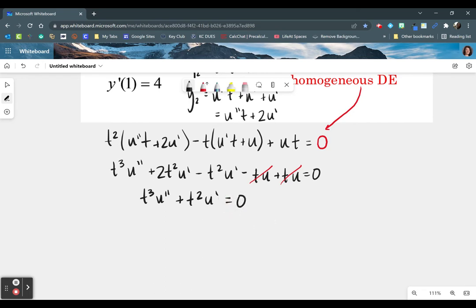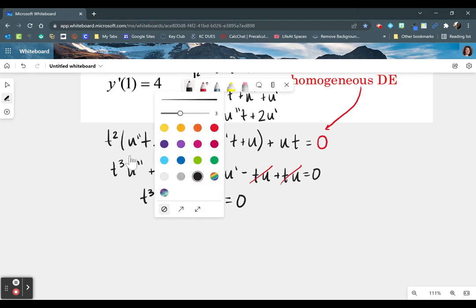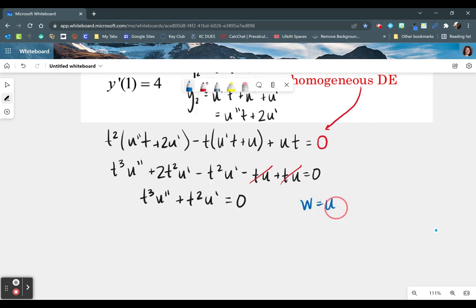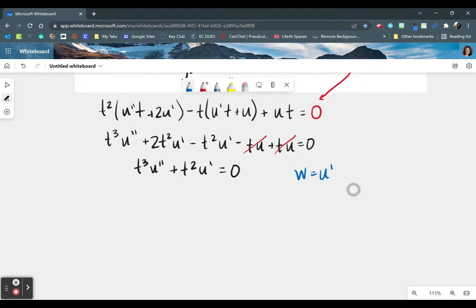So I do, in fact, have to do a little substitution here, because I see that when I simplified it down, I still have a first and a second derivative. So the way that we went about that before, if you remember, we introduced a new function that we called w, and we say w is equal to u prime. So that way, if I take the derivative of w, then it's equal to u double prime.